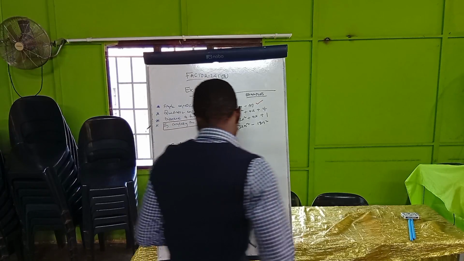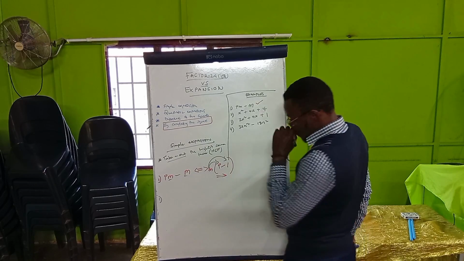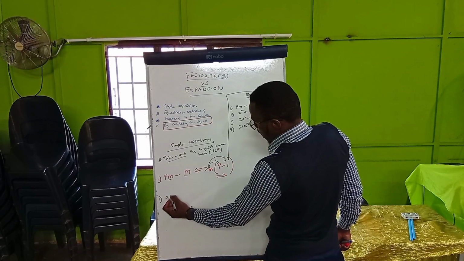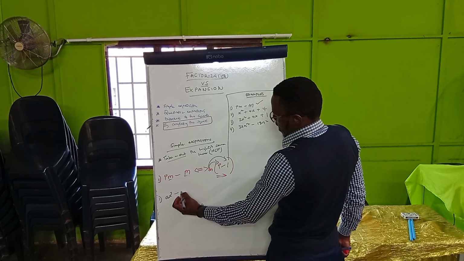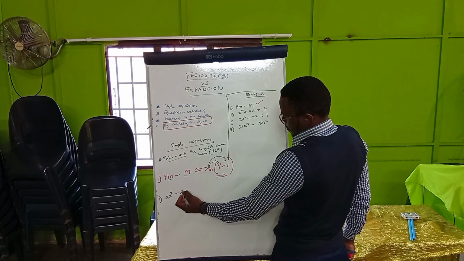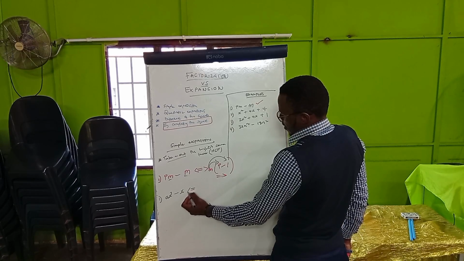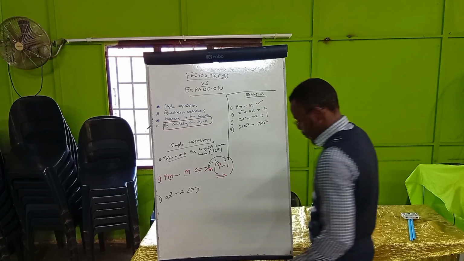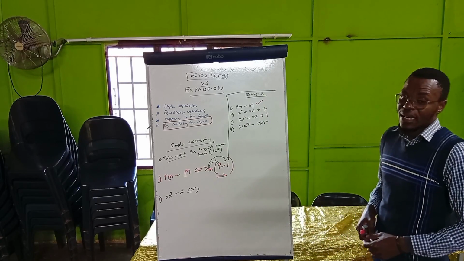So let's put a second one, in which now we will have ax cubed minus x. Yeah, let's do this one. And then I'll also show another one. Ax cubed minus x.